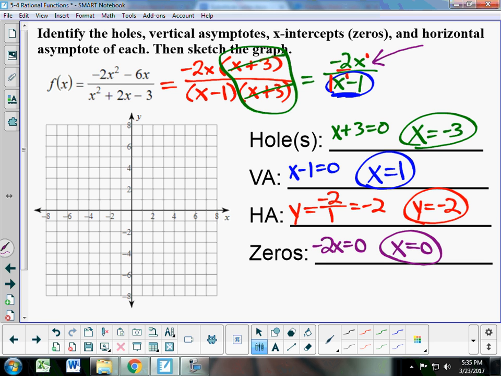So let's plot some of the stuff we know. So the zero is at 0. So that's right there. We have a vertical asymptote at x equals 1, a horizontal asymptote at y equals negative 2.